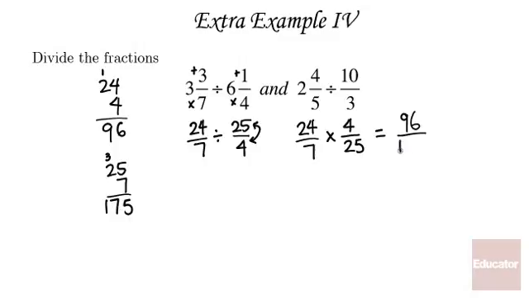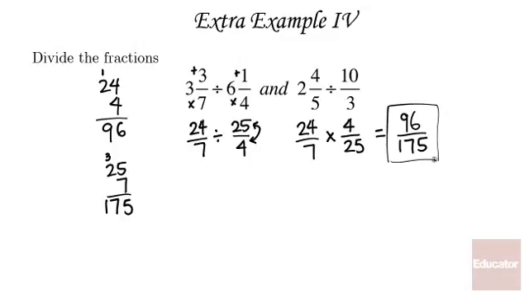So this is 175. And since none of these were able to reduce or cross-cancel, I know that this is my answer.